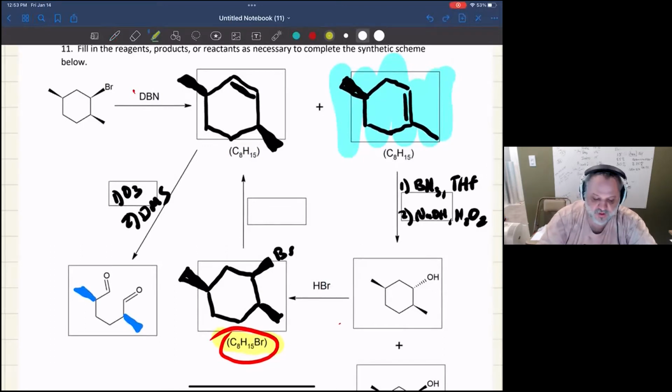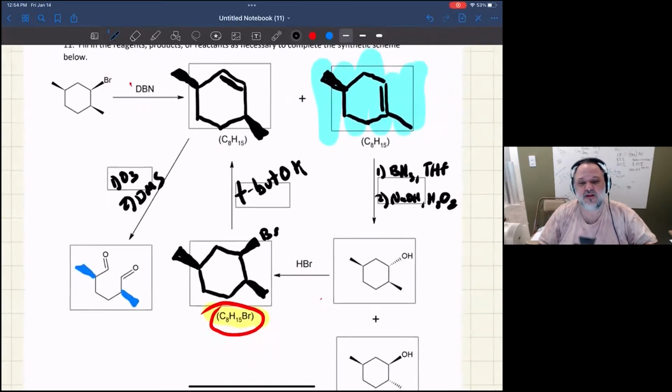Well, what double bond do I form? Do I form the Zaitsev product or the Hofmann product? It looks like this one is the Hofmann product. So in order to form the Hofmann product, I need a big bulky base, and so the answer to this one is t-butoxide.